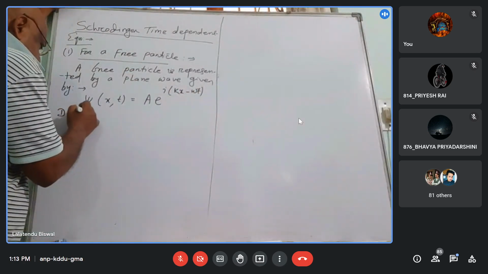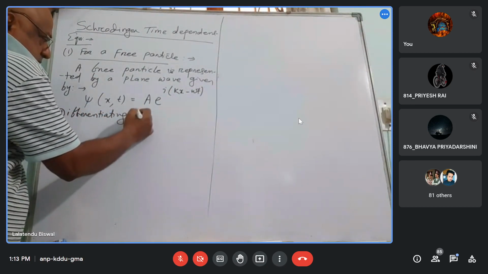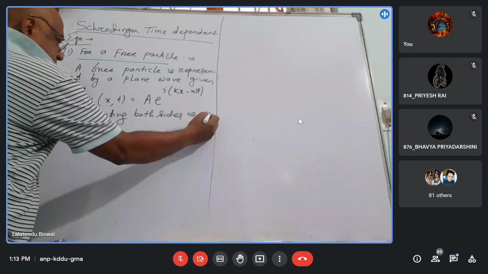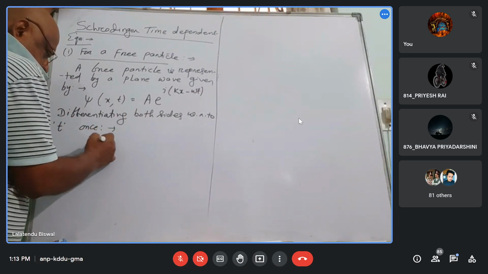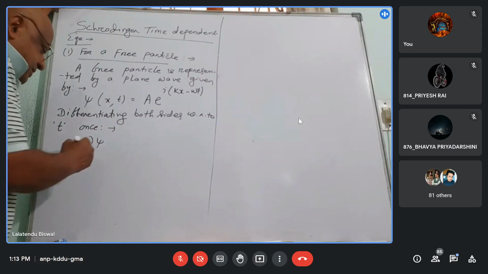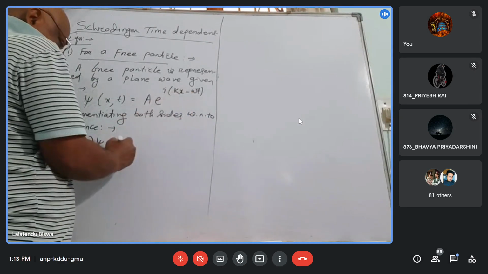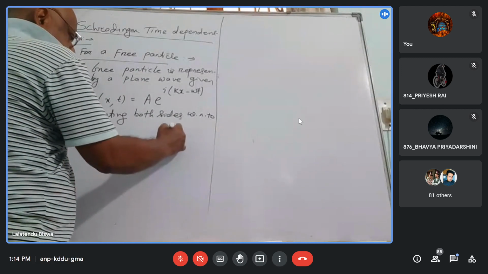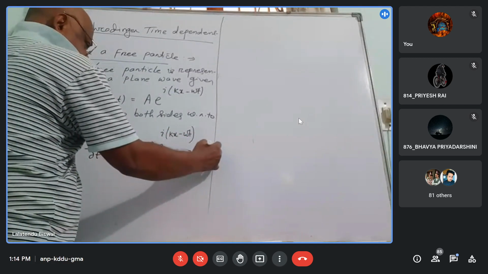Now differentiating both sides with respect to t once. Since psi is a function of x and t, if you differentiate with only t, that will be a partial derivative. So this is equal to, because we have taken t, minus i omega A e to the power i(kx minus omega t), which is equal to minus i omega psi.